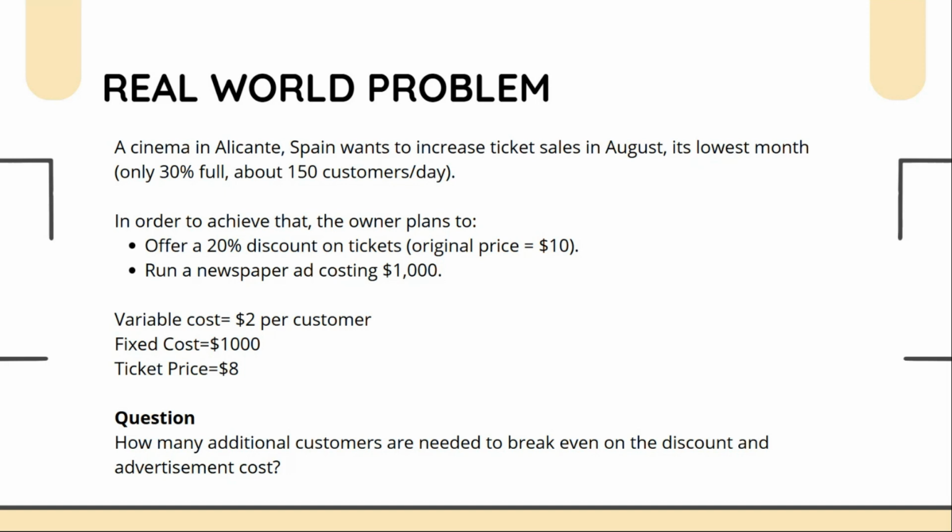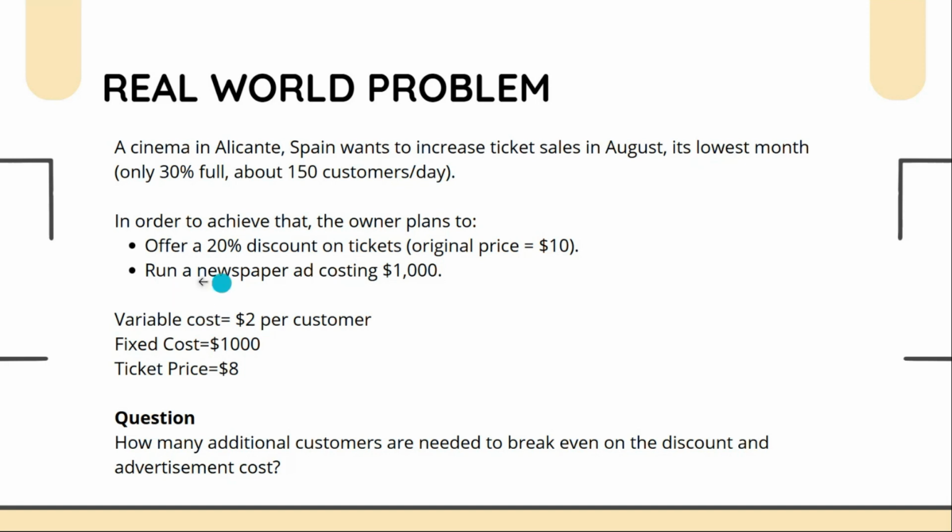So in order to achieve higher ticket sales, the owner plans to offer a 20% discount on tickets and also run a newspaper advertisement which costs $1,000.